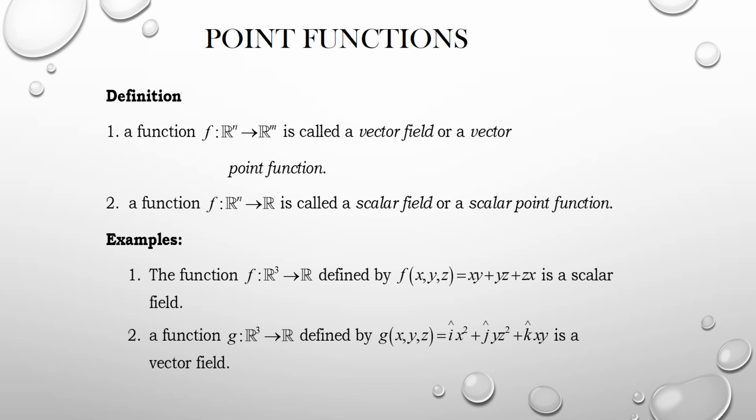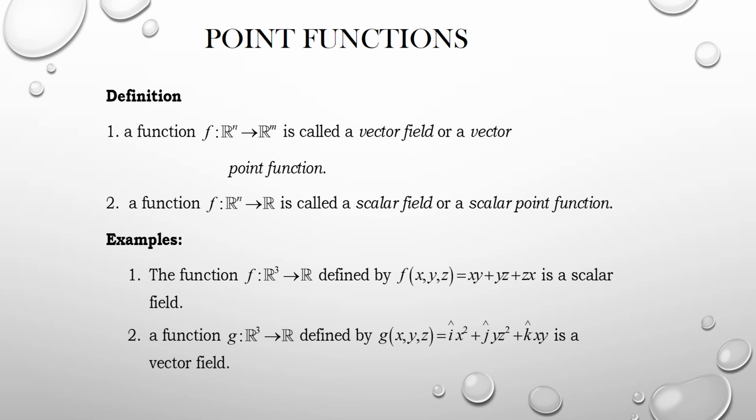Now, a vector point function means a function from Rn to Rm. That means a function from a multidimensional space to a multidimensional space. Such functions are called vector point functions or vector fields. For example, if we take f from R3 to R defined by f of (x, y, z) by using this formula, this function is an example of a scalar point function.